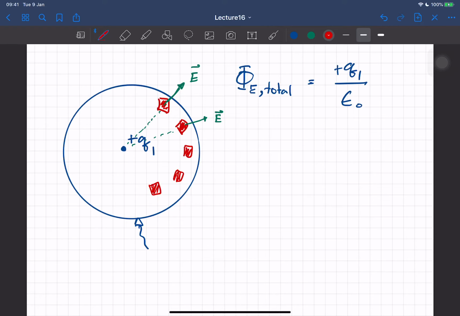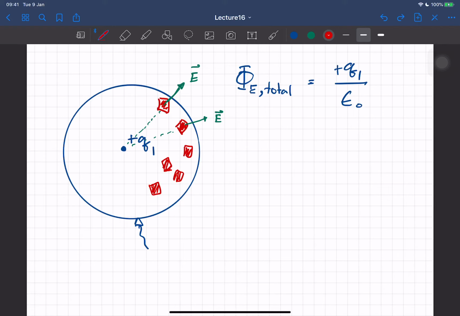So you just keep doing this until you cover the whole area of the balloon. So once you add up all of that tiny flux together, that's going to be the total flux.